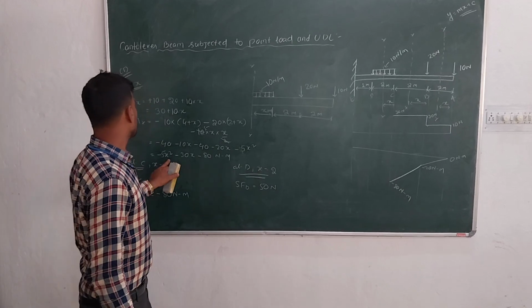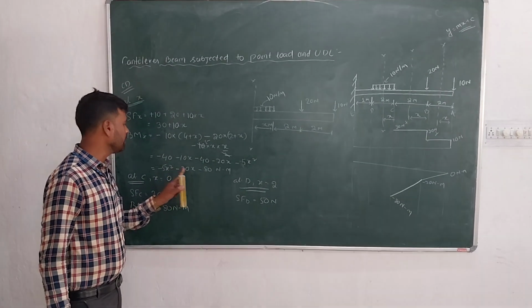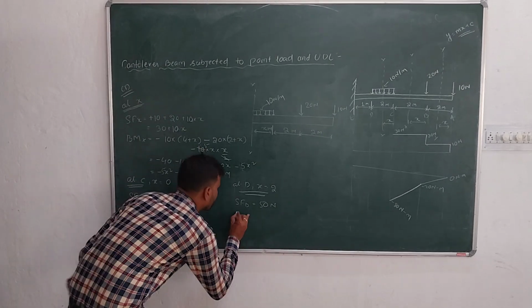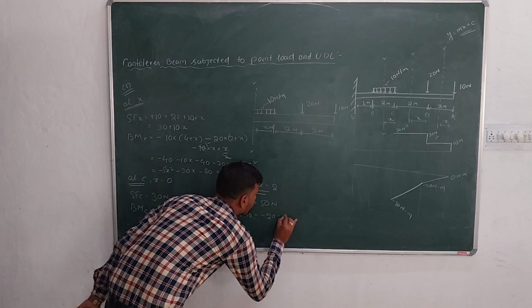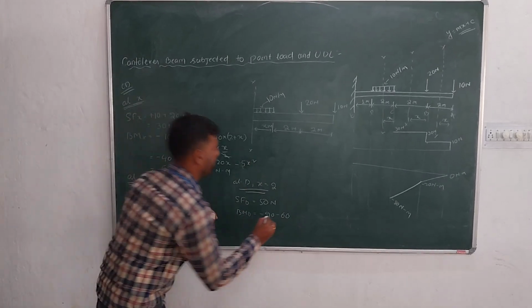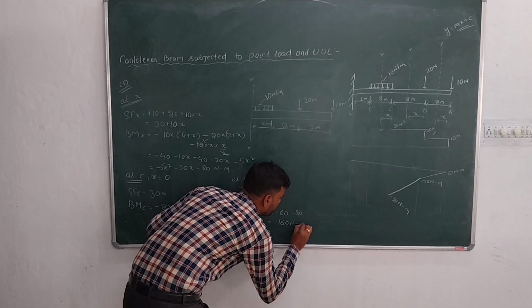Here x is 2, so 2 square is 4, minus 5 into 4, minus 20, minus 30 into 2, 60. Bending moment at D is minus 20 minus 60 minus 80, that is minus 160 Newton meter.